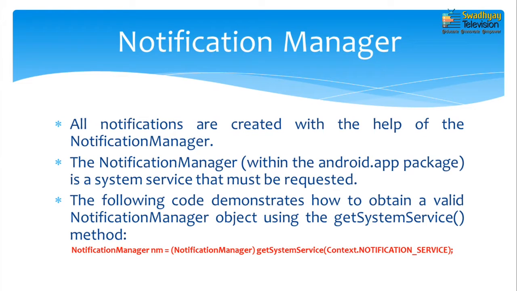First is the NotificationManager class, then nm is an object of type NotificationManager, and we call the getSystemService method, and in the argument we pass the notification service. It returns a NotificationManager, which is referenced by the object with name nm. This code you must write before actually creating and notifying notifications.